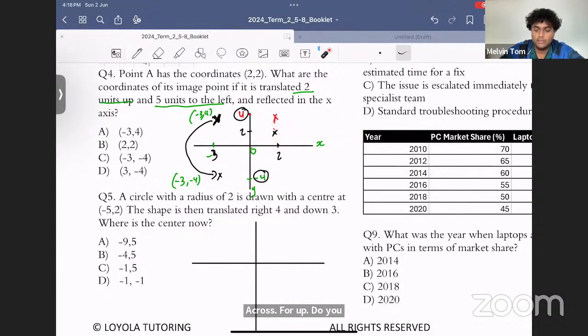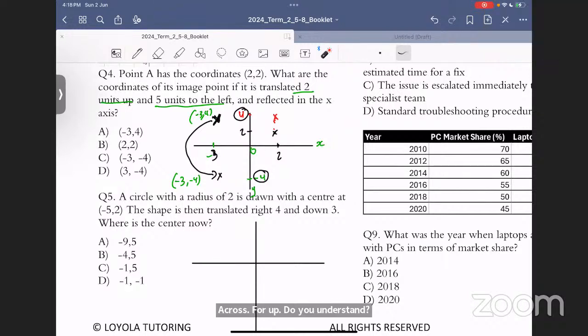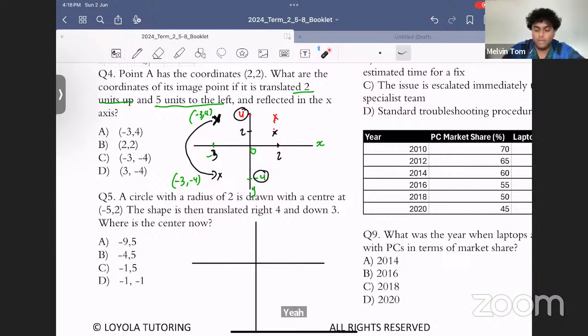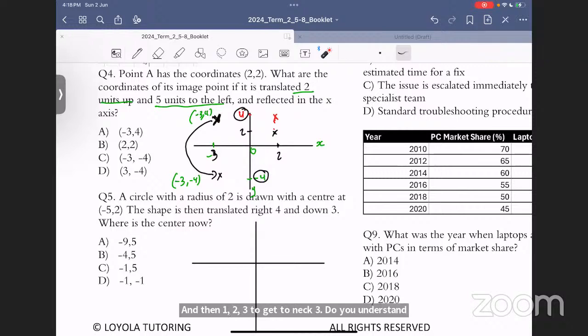Do you understand, Ethan? Yeah. And once again, if you go left side, it's at 2 across. So it goes 1, 2 left to get to 0, and then 1, 2, 3 to get to -3. Do you understand? Yeah. Thanks.